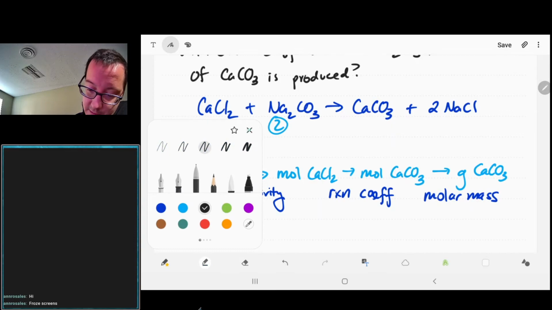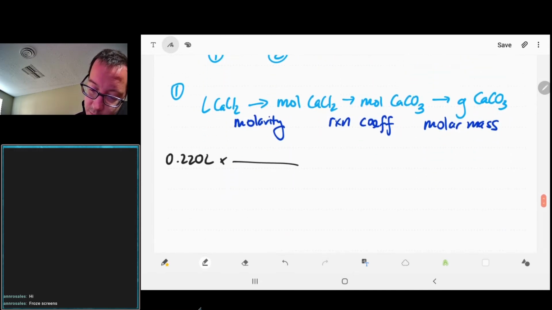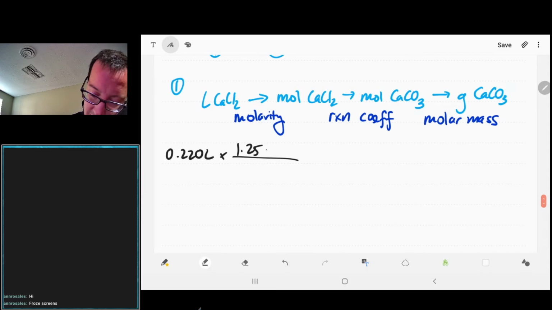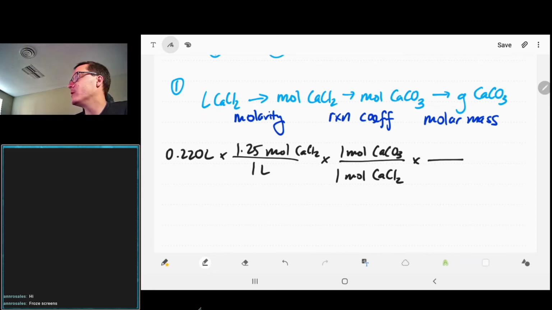So we start with our liters, 0.220. We're going to use the molarity, 1.25 moles per liter. This is calcium chloride. Next, we're going to use our reaction coefficients, which were both 1. And then we have the molar mass, which I'm going to just look up right now.